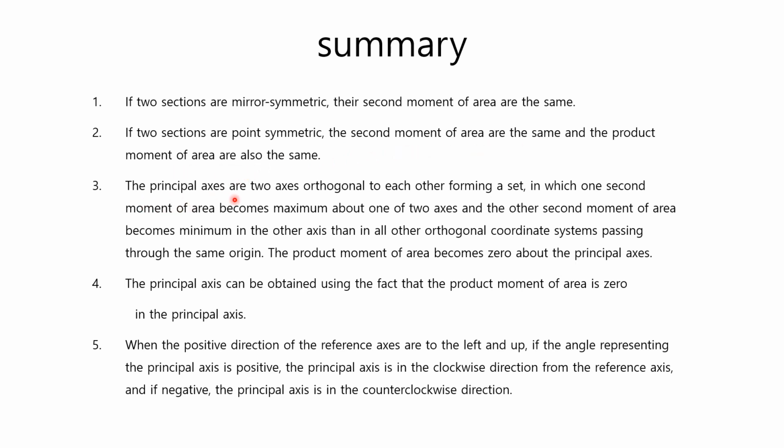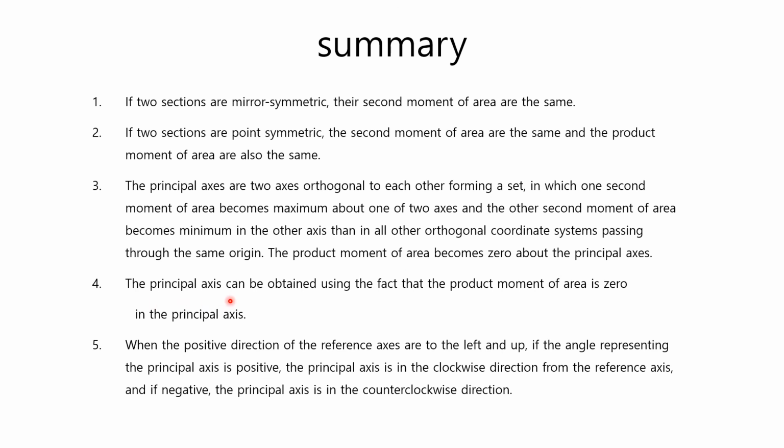The principal axes are two axes orthogonal to each other, forming a set in which one second moment of area becomes maximum about one of the two axes, and the other second moment of area becomes minimum about the other axis, compared with all the other orthogonal coordinate systems passing through the same origin. The product moment of area becomes 0 about the principal axis.